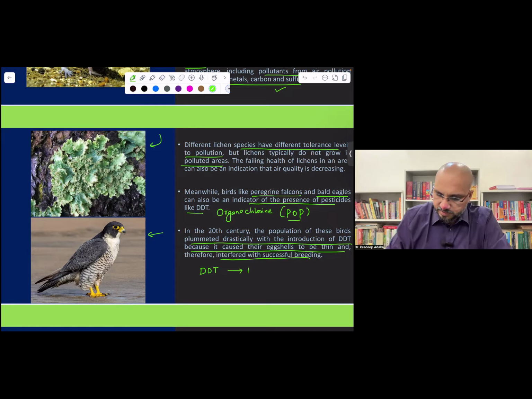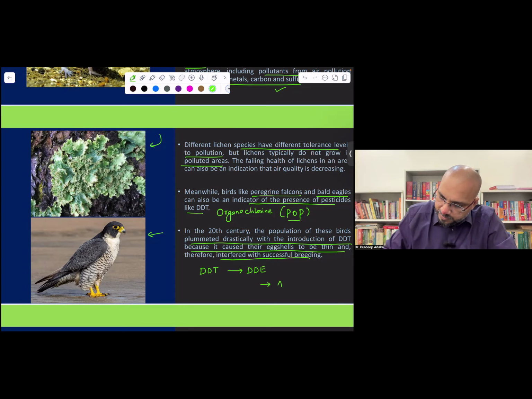So DDT is metabolized into DDE, dichloro diphenyl dichloroethane. Now this DDT, what it does is it will interfere with the formation of eggshell.